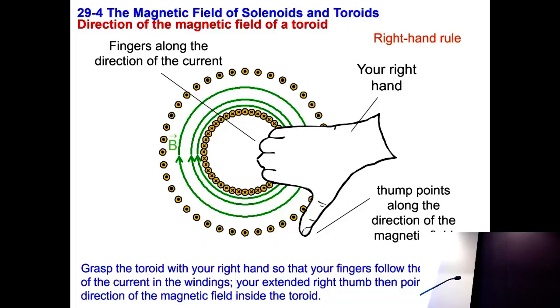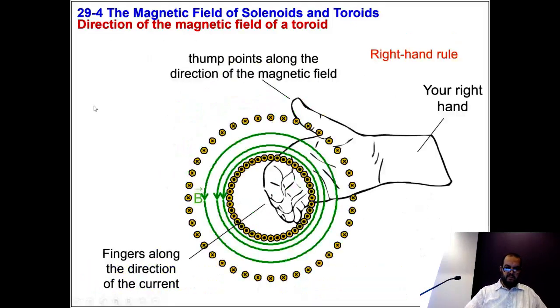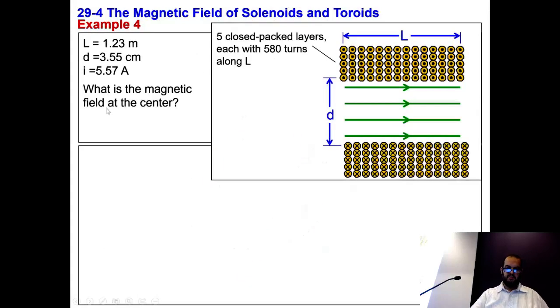Same thing if you grab it here with your four fingers into the page: the thumb points along the direction of the magnetic field. So you get the direction of the magnetic field inside the toroid. If the current flows in the opposite direction, the magnetic field is going to be in the opposite direction.